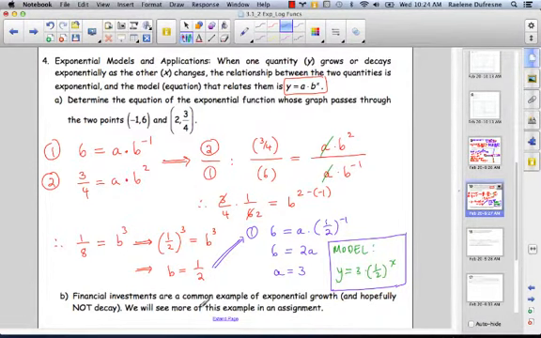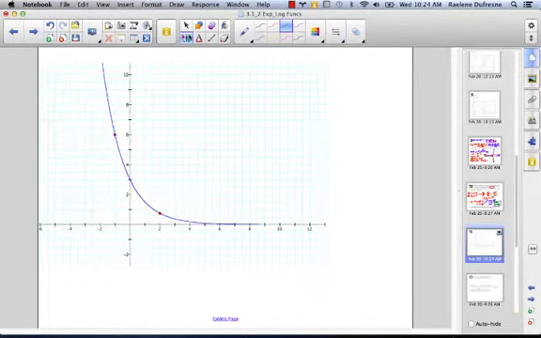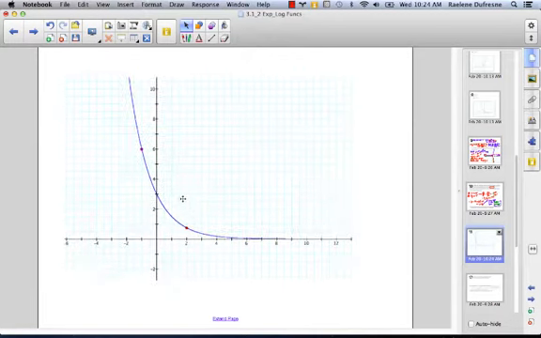Later on, we are going to talk about financial investments, compound interest, simple interest, etc. as an example of exponential growth, and we'll see that example in an assignment. So there is our graph with the 2 points that we were given.